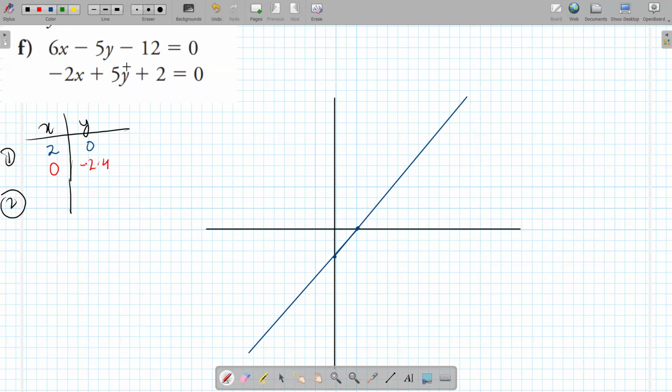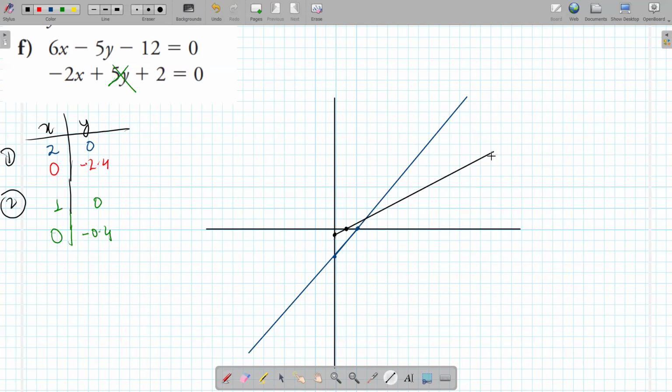Similarly, for the second one, if y is 0, x will be 1, and if x is 0, y will be negative 0.4. So we have 1, 0, and then we have 0, negative 0.4. So somewhere there.